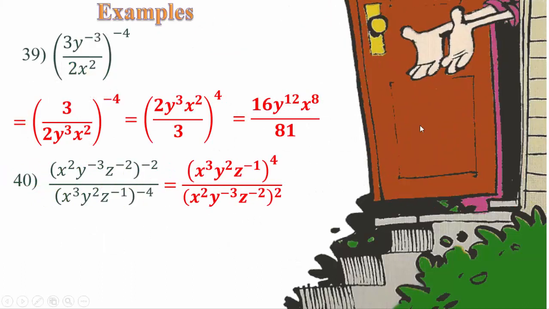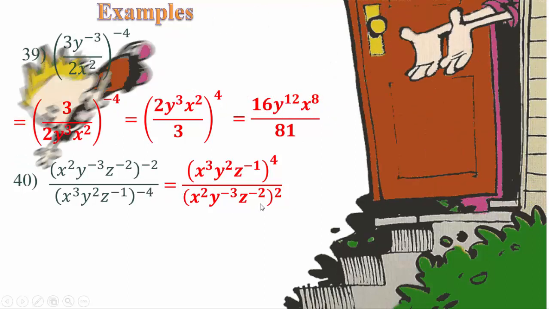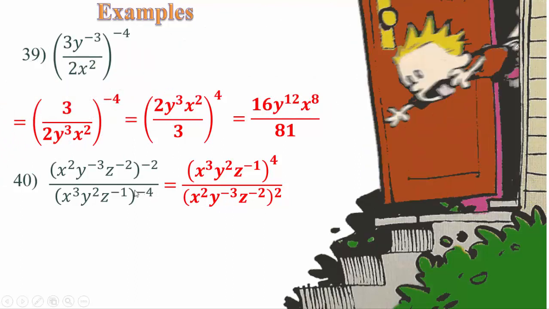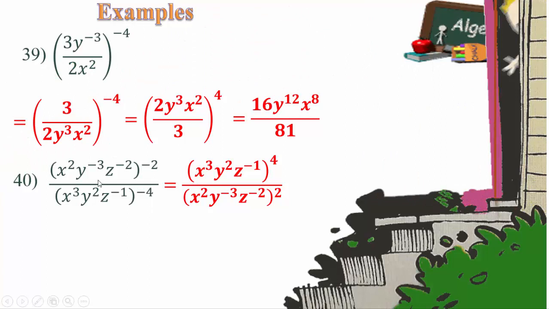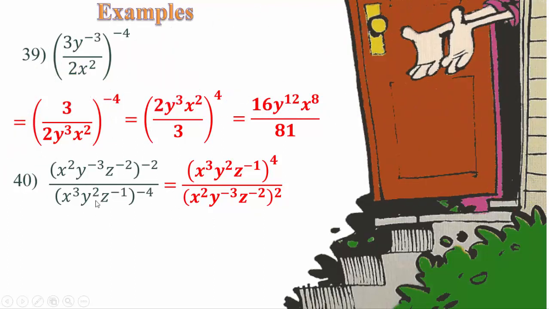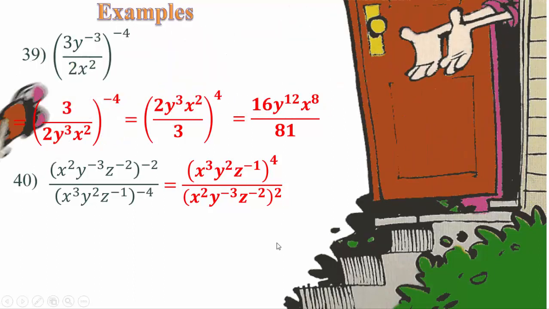Summarizing example number 40. In this case, I did the negative exponents first, taking this entire expression and putting it on the bottom, and then making it positive, and taking this entire expression here and putting it on top and making it positive.